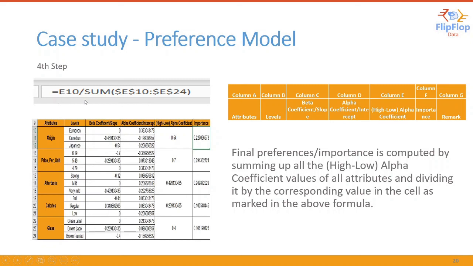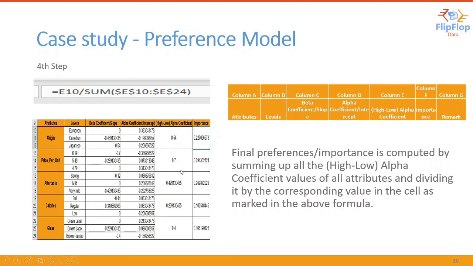So how is it computed? I have my high minus low alpha coefficient for origin as 0.54, which is E10. So this 0.54 is divided by the sum of all these coefficients considered together. This gives me my importance.